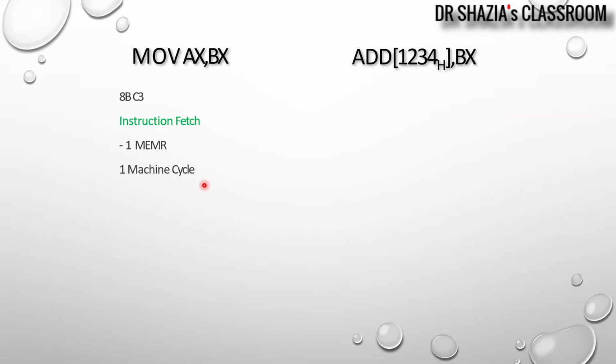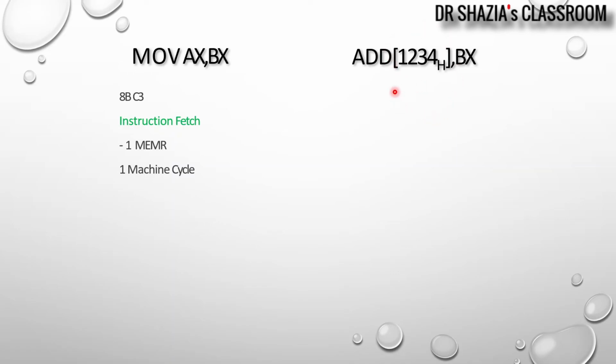Let us take another example, where I have taken ADD [1234H], BX. We are trying to add the content of BX with the content stored in the memory locations 1234H and 1235H. After adding this 16-bit data, the result will be stored back in the memory.